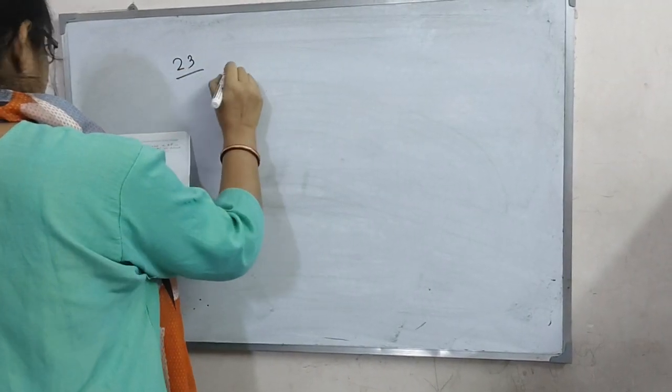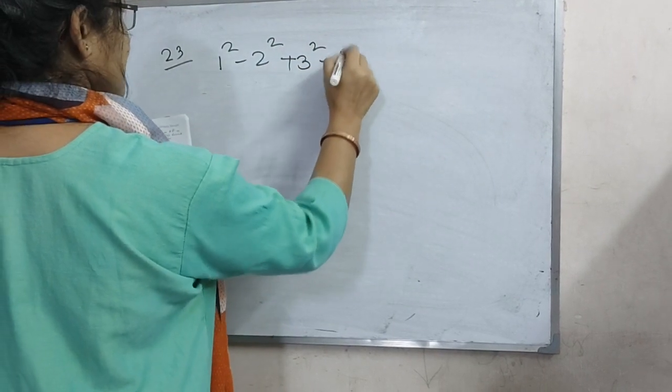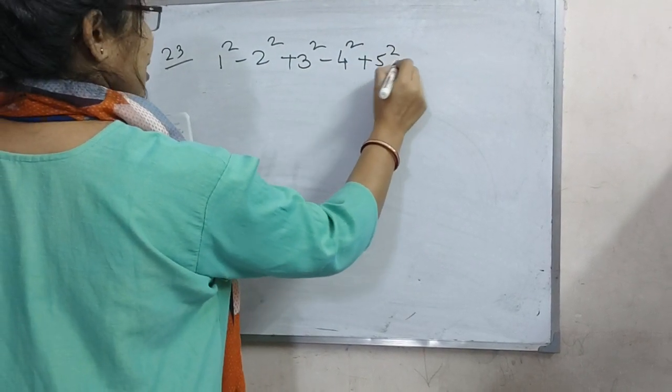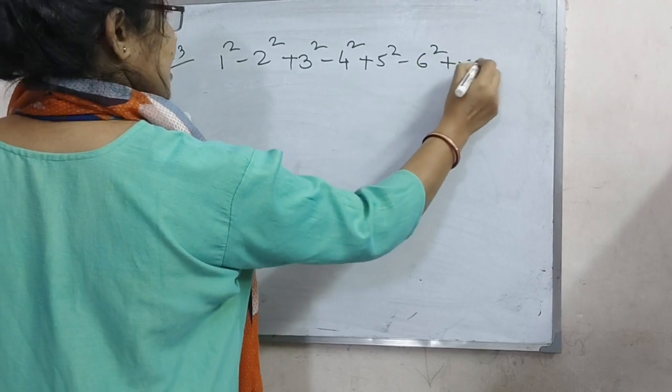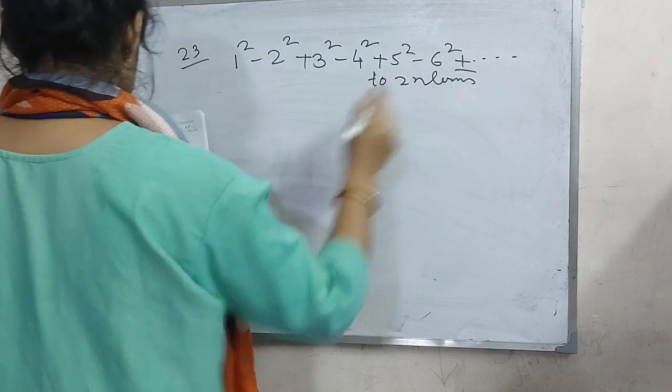Sum number 23. 1 square minus 2 square plus 3 square minus 4 square plus 5 square minus 6 square plus dash up to 2n terms.